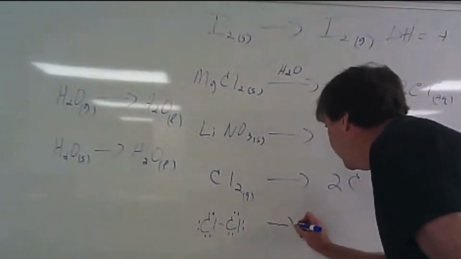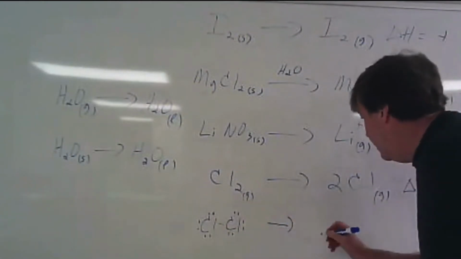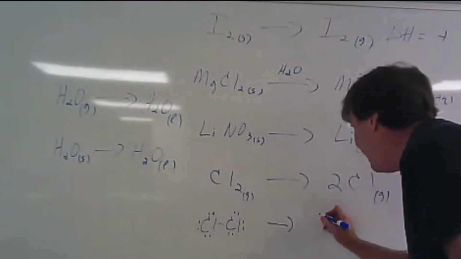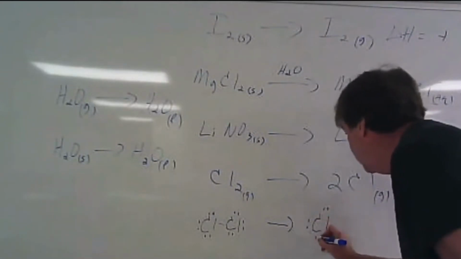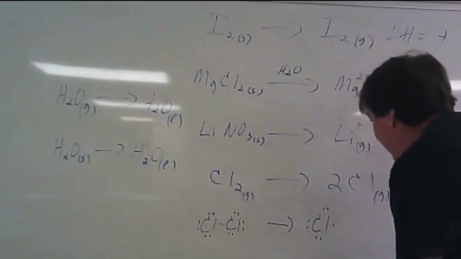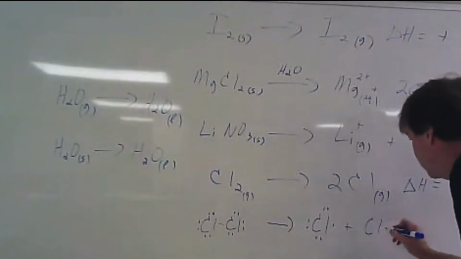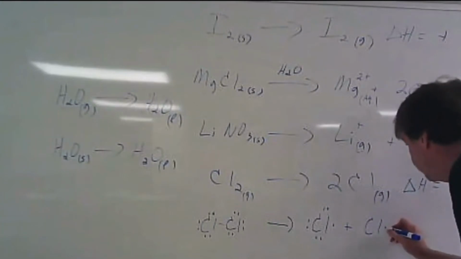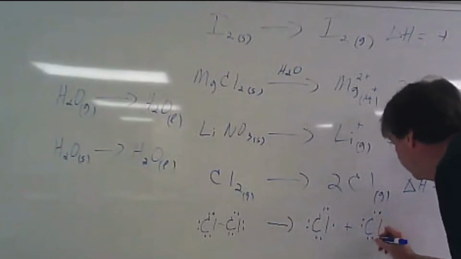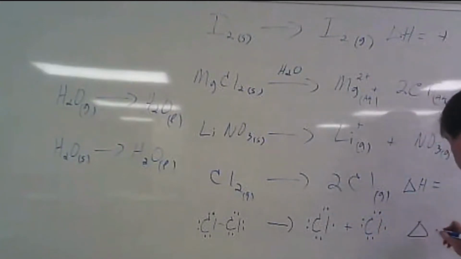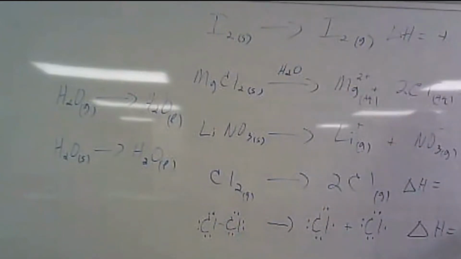So we're going to have to add energy to break that covalent bond. And then notice what we'd have. We'd have Cl, and there's our lone pairs. Now we've separated this, so now we've got two Cl atoms. When we break that bond, the enthalpy change is going to be endothermic.